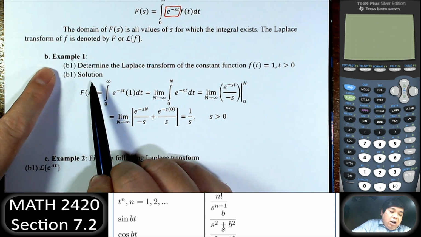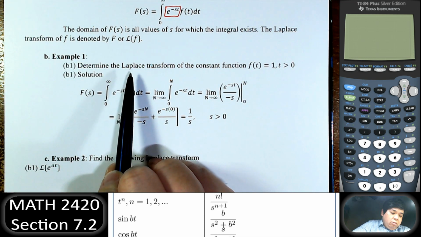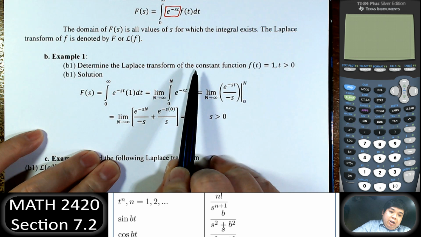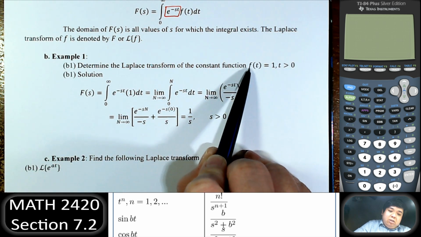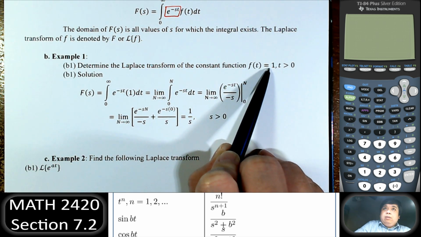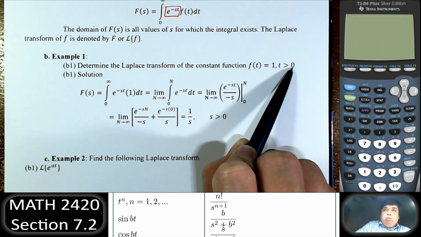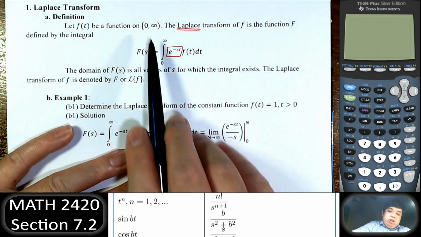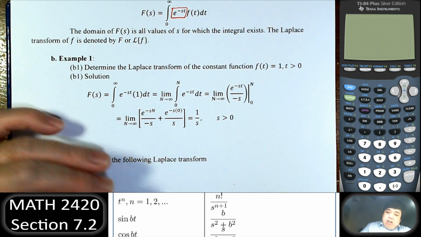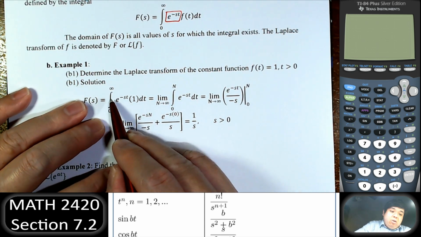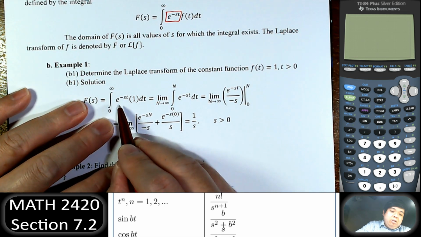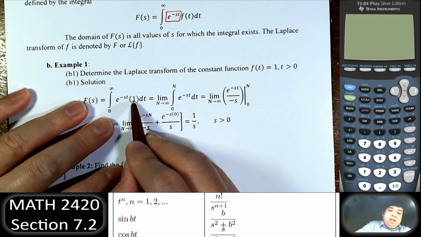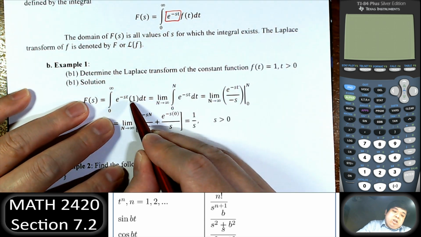First, let's find the Laplace transform of the constant function f of t equal to 1 for t greater than or equal to 0. Of course, we define the Laplace transform for that. It is just the definition: the integral from 0 to infinity of e to negative st times the function f of t, which is 1.